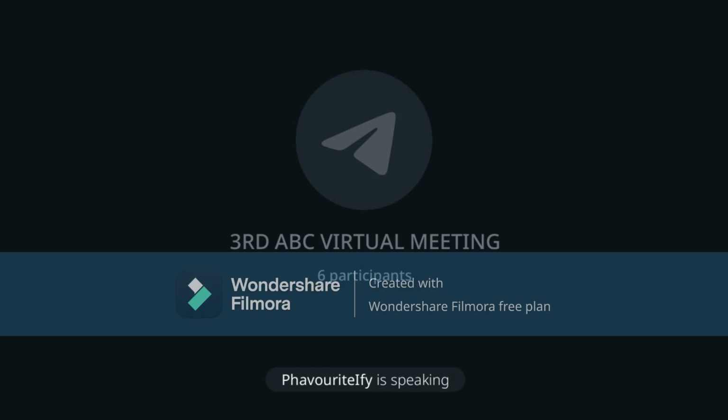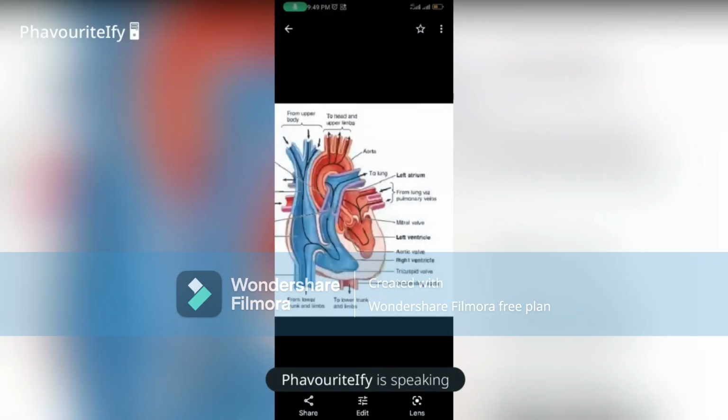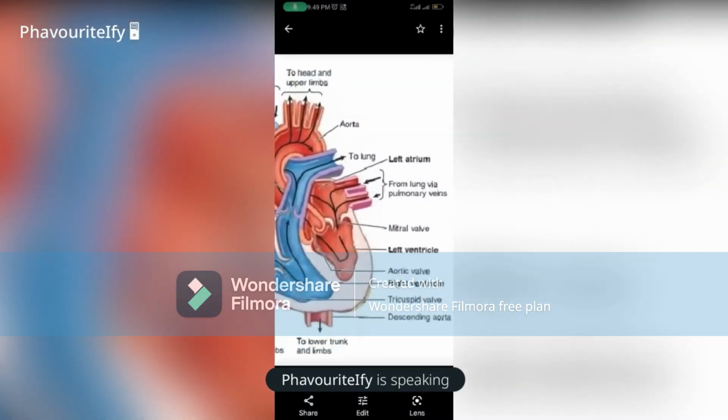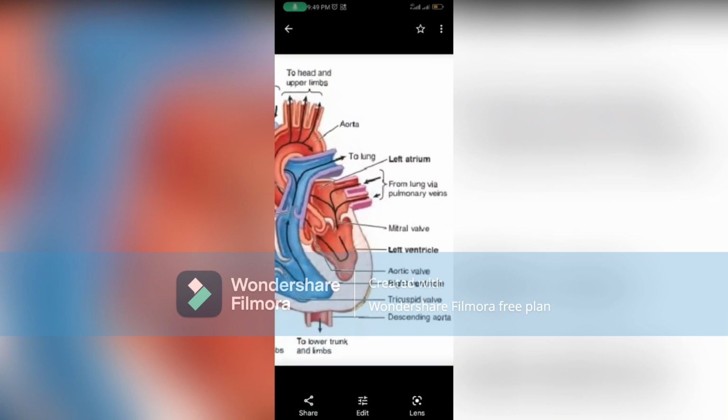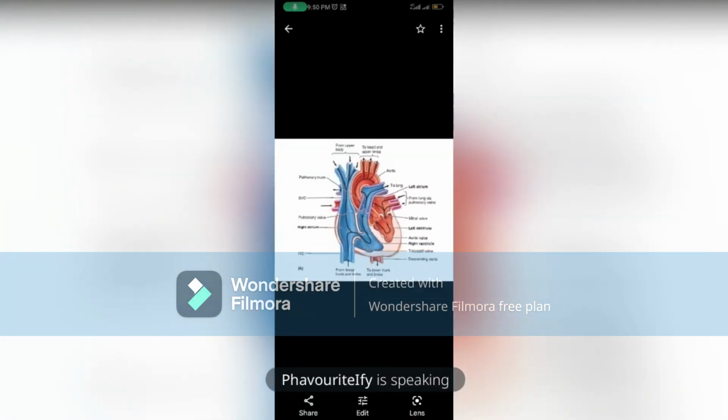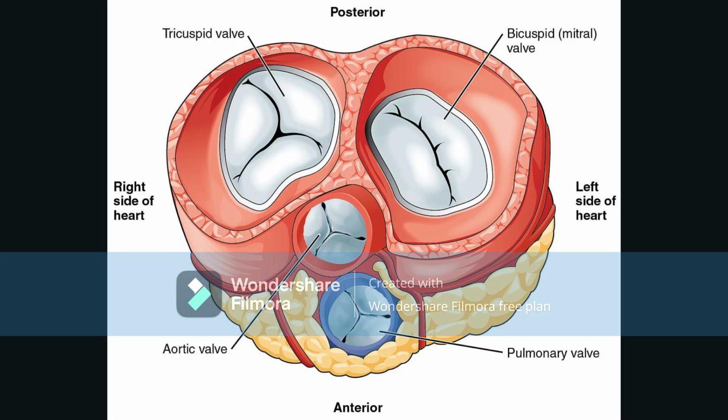The tricuspid valve is located at the right atrioventricular orifice, while the mitral valve, which is also known as the bicuspid valve, is located at the left atrioventricular orifice. Okay, so the other valves are the semilunar valves, which include the aortic valve and the pulmonary valve.